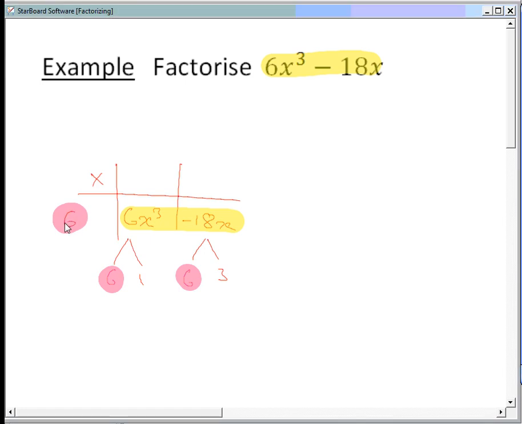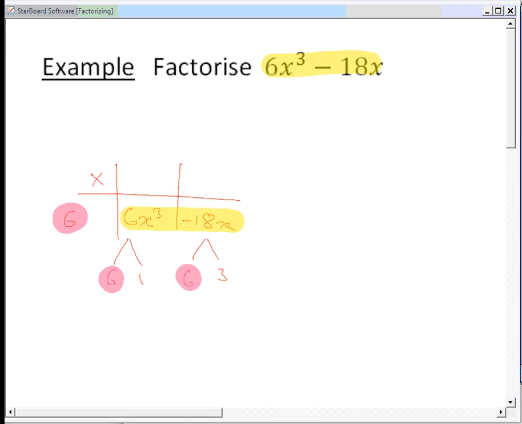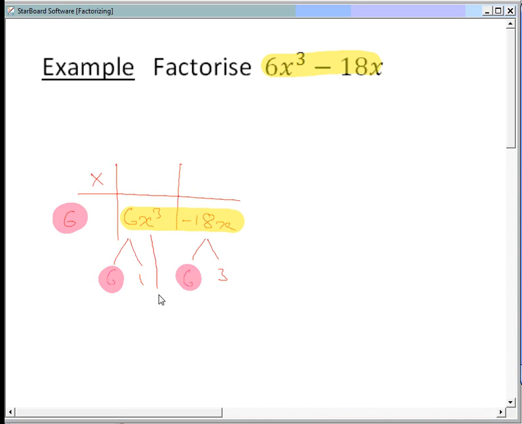I can now think about the letters. So the x cubed and the x, what have I got in both? Well, I've got an x in both. So if I brought this x cubed down, I'd have x, x and x, and this would just be 1x. So the 1x is going to go in there.